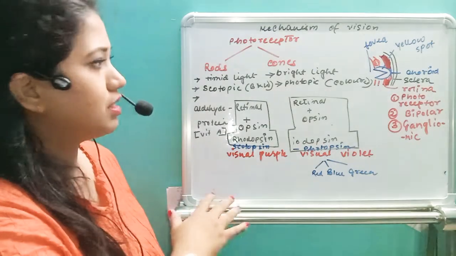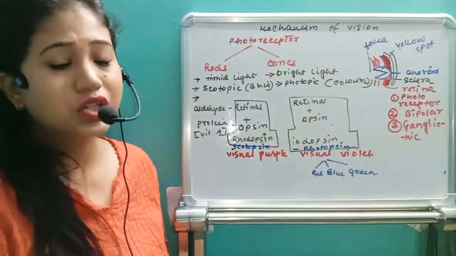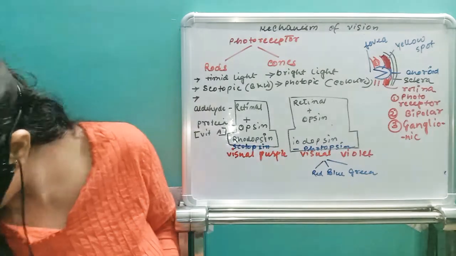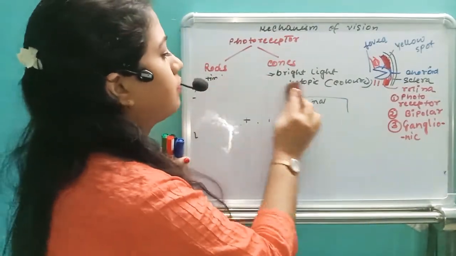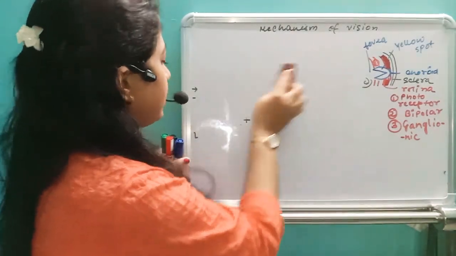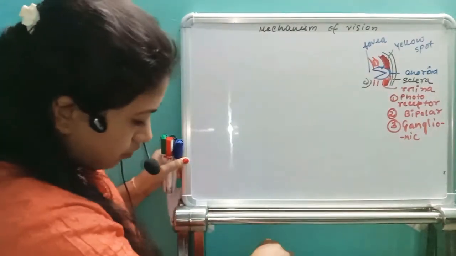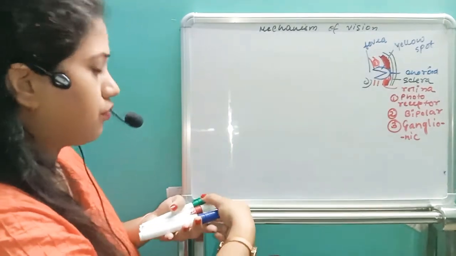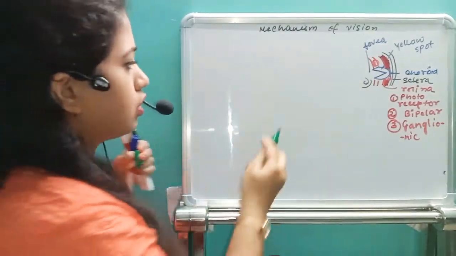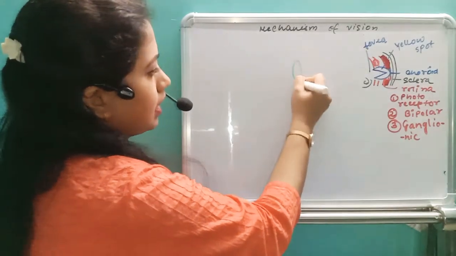After that, let's see how vision is possible. First of all, how will the light fall? We have the lens here.